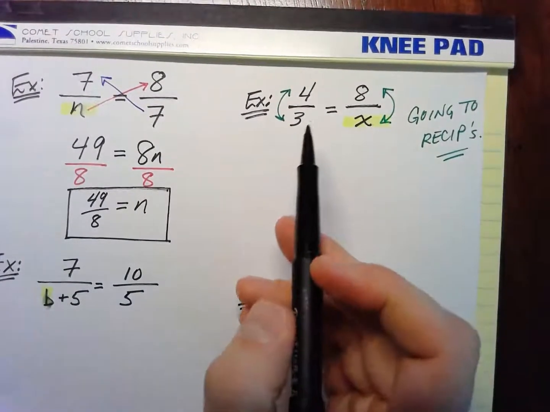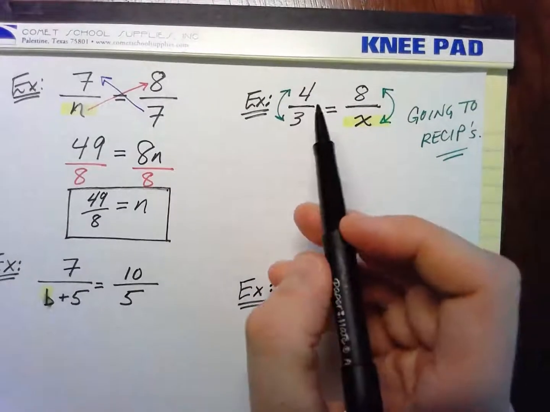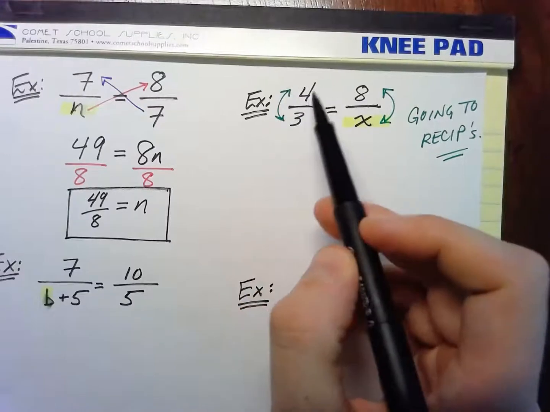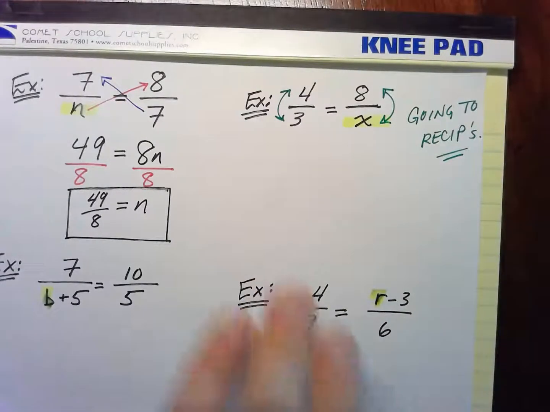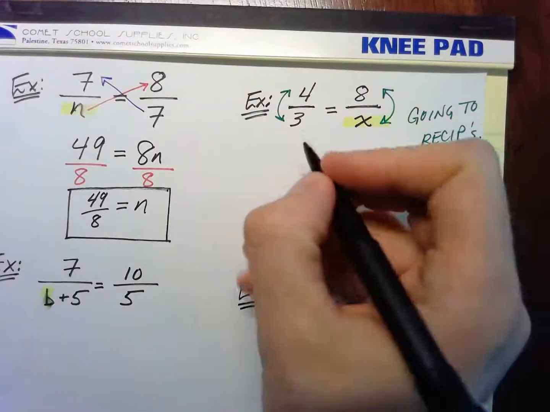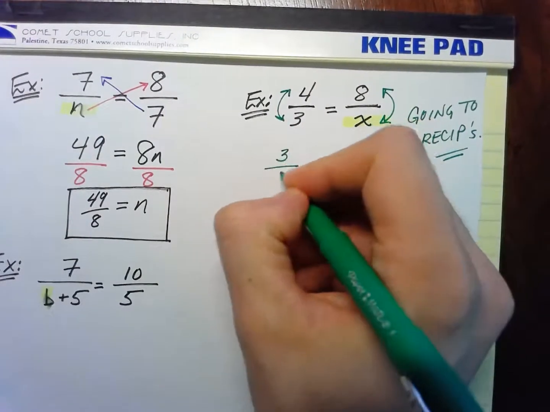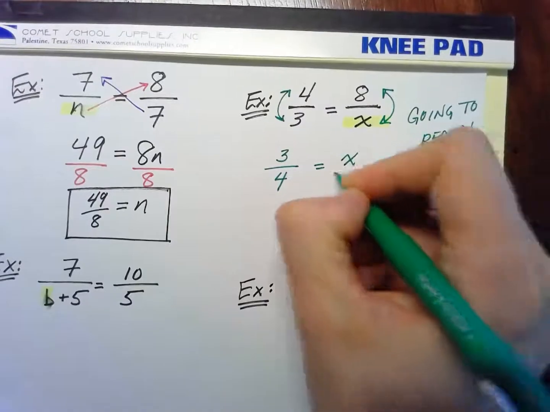And the reason you could do that is this is the same as taking the inverse and saying 1 divided by both of these sides. So if you want a more detailed explanation, come talk to me later and I'll explain it to you. So if we go to reciprocals, then we have 3/4 equals x over 8.